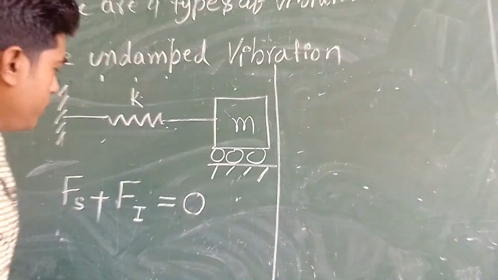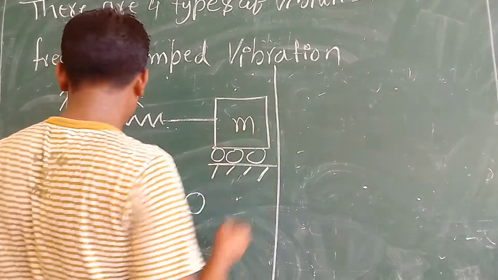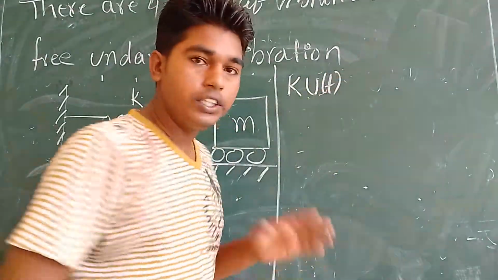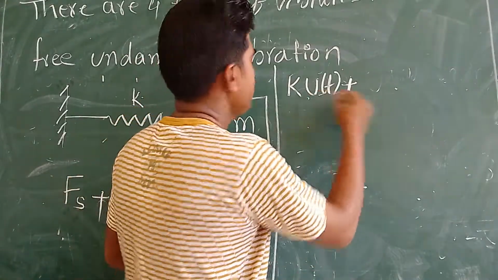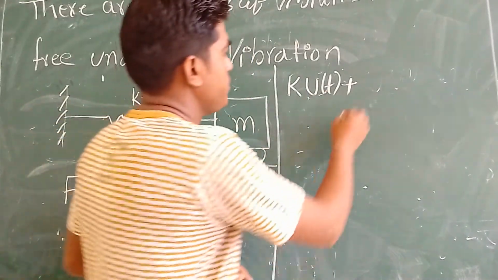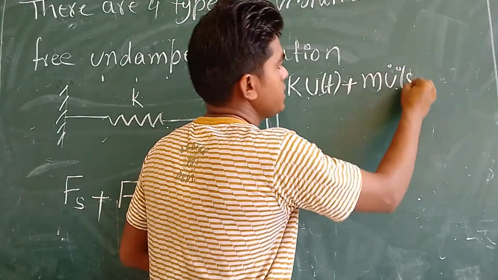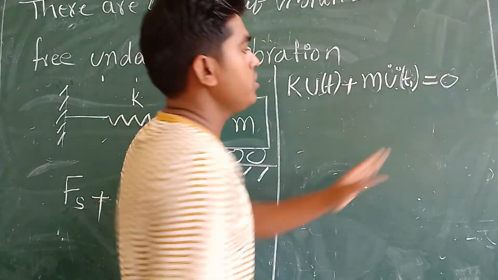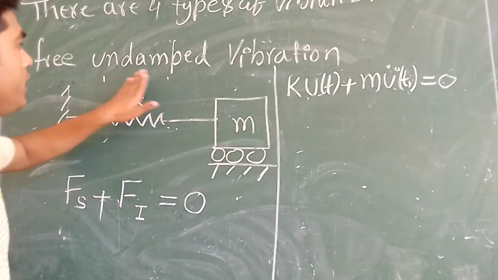Now write the different forces: spring force k into u, and mass inertia force, mass into acceleration, is equal to 0, because no external force is acting here, so it is free undamped vibration.